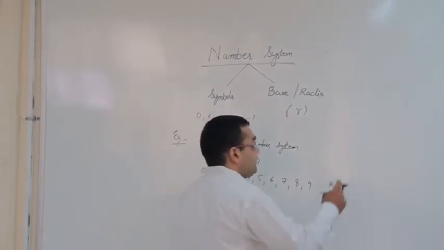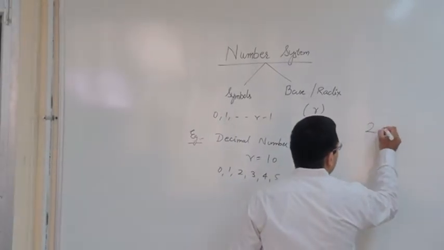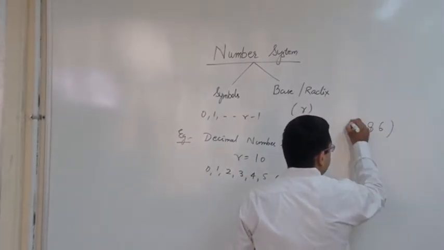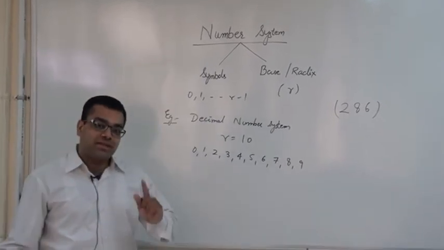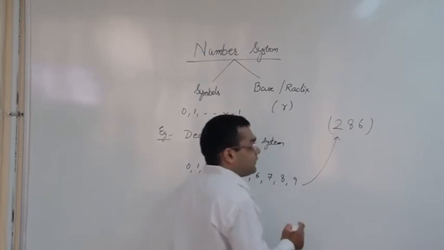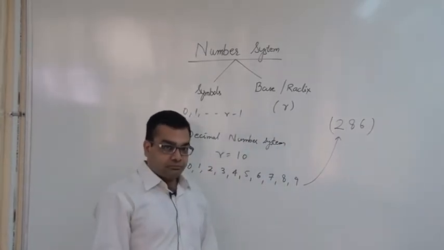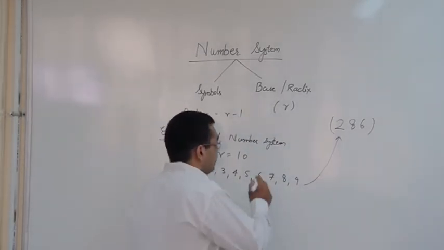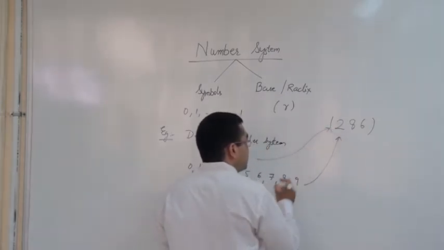Say for example, if we have a number 286, you can see all the symbols are taken from these. Now, what is the importance of this radix over here?